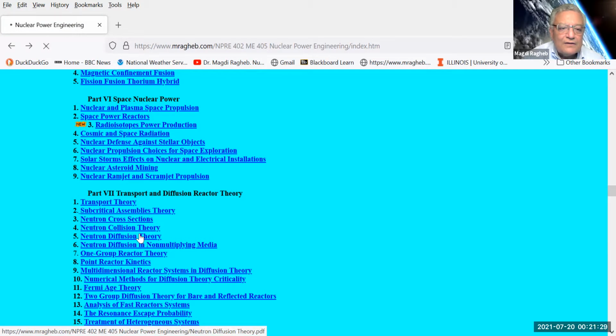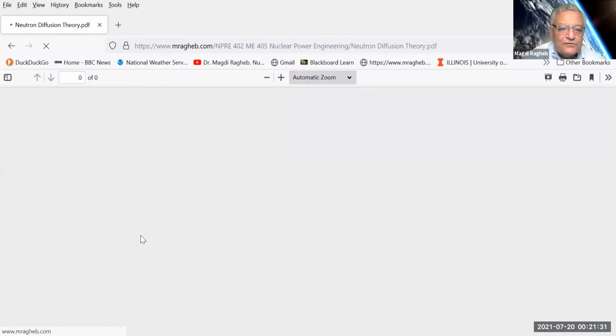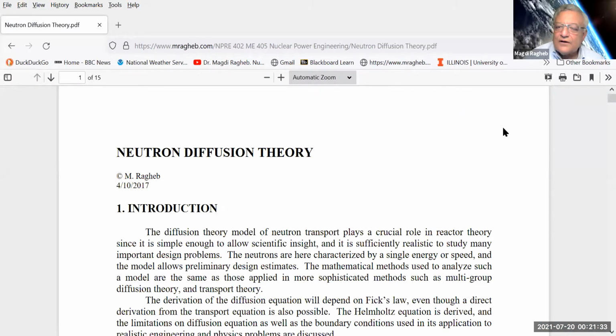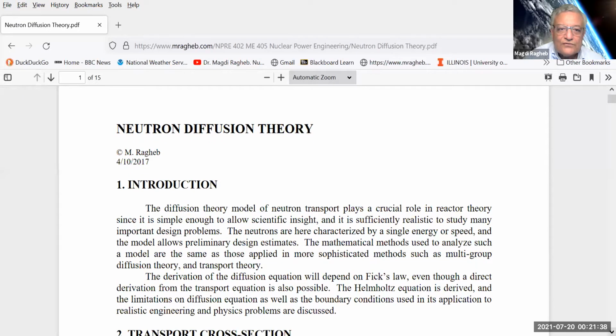The process of describing how neutrons interact with matter can be described by what's called transport theory, but we are going to deal today with an approximation of transport theory, which is described as neutron diffusion theory.